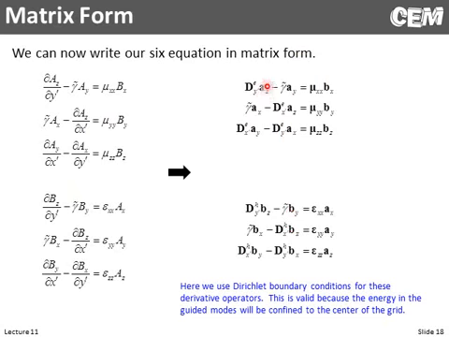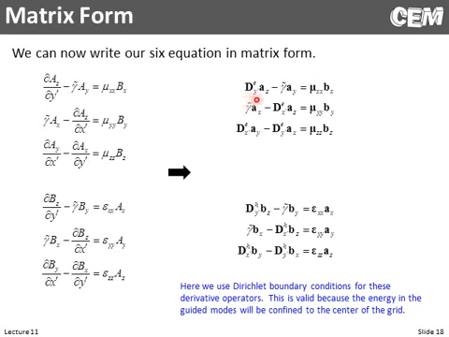Each of these lowercase letters are column vectors. So for example, the one that I'm circling now, a sub z, is a column vector containing the az component at every point throughout this 2-dimensional grid, which is the cross-section of our waveguide. A sub y is the y component, a sub z is the z component. And the same for bx, by, and bz. Those are the amplitudes of the magnetic fields now.